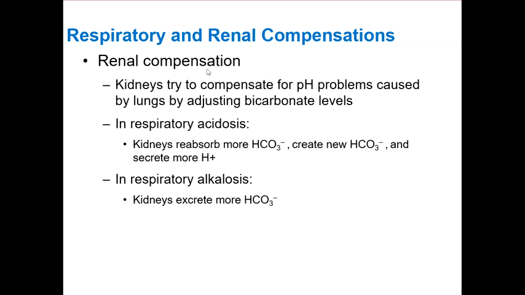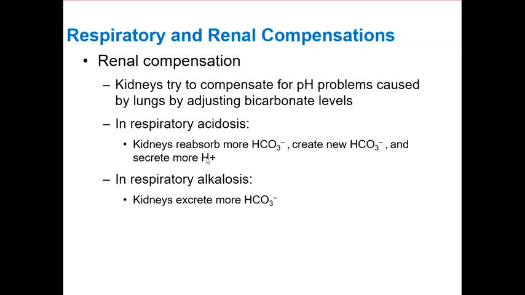And renal compensation is when the kidneys compensate for pH problems caused by the lungs. But instead of adjusting the carbon dioxide, of course, the kidneys do what they know how to do, and they'll adjust the bicarbonate levels like we know they can. So in respiratory acidosis, the kidneys will reabsorb more bicarbonate, create new bicarbonate and secrete more hydrogen ions, because remember, they're swapped for each other.